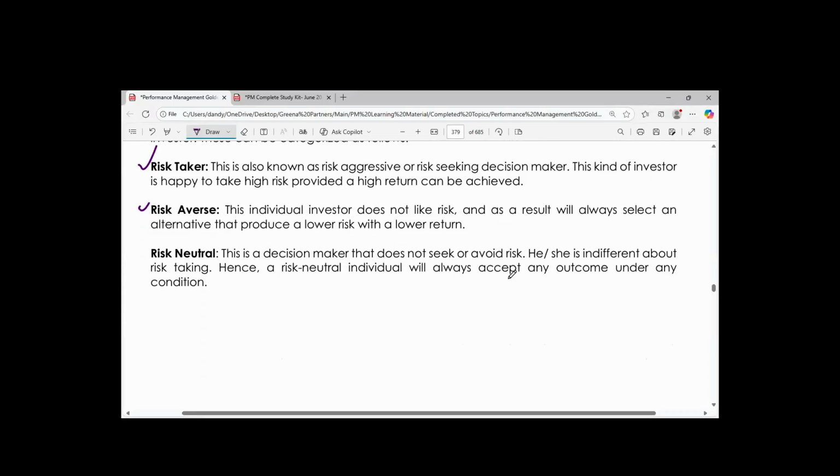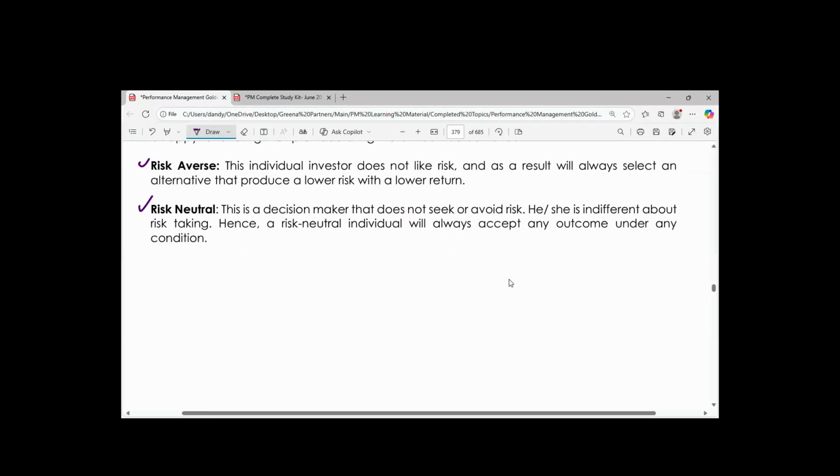The third category of decision maker to risk is the risk neutral. As a risk neutral, I do not seek or avoid risk. I am willing and ready to take risk irrespective of the outcome. I'm not running away from risk.